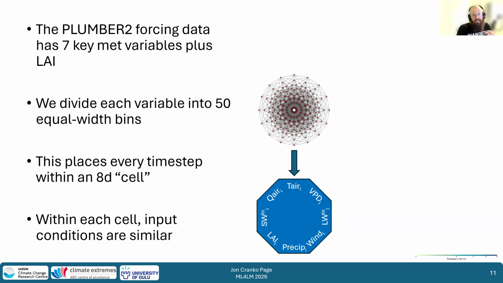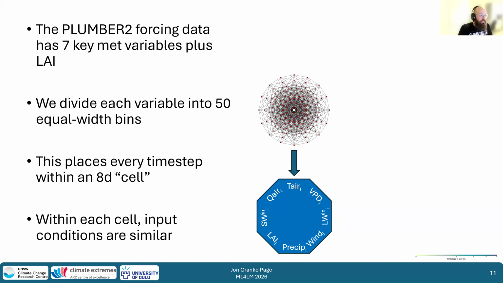So there's T-air, air temperature, VPD, vapor pressure deficit, longwave incoming, wind speed, precipitation, LAI, as I said, shortwave incoming radiation, and specific humidity. But this is a really high dimensional data set. So you've got 8 variables and many, many time steps.